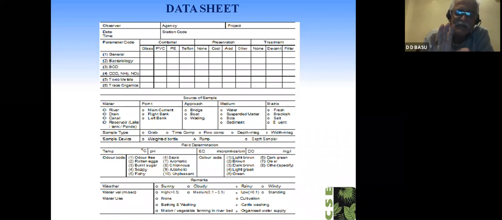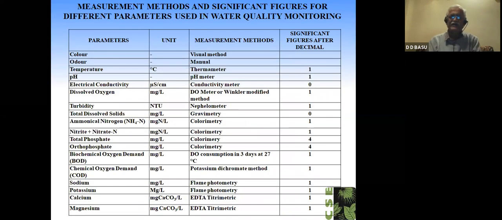This is the best system. It has the date, the code, and the parameters you are collecting in situ. Odor, color, everything has been written here. It is a very good data sheet. Next. You don't have to invent a new data sheet.